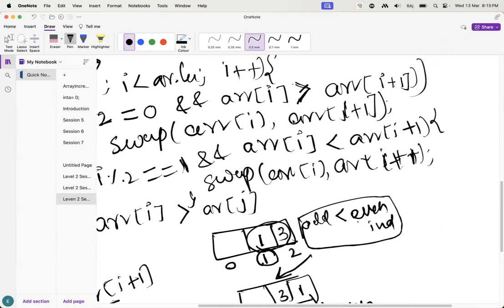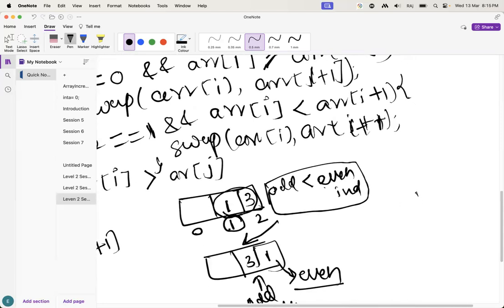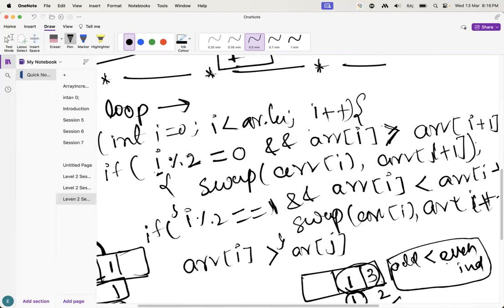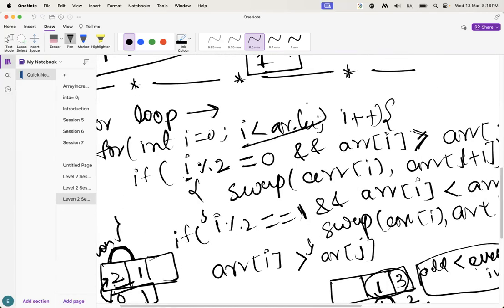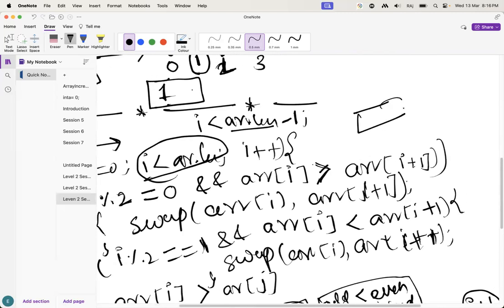Okay, guys. Here you have to understand one thing. We are using i plus 1 every time. So what is supposed to be the condition in the for loop? i less than array dot length minus 1. Why minus 1? If you take only array dot length, suppose the array has indexes 0, 1, 2.